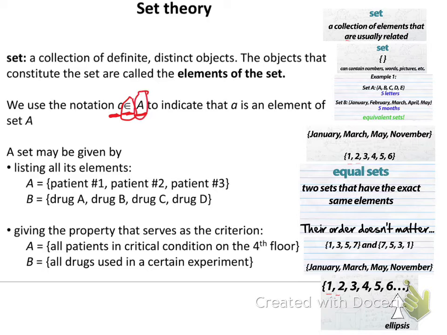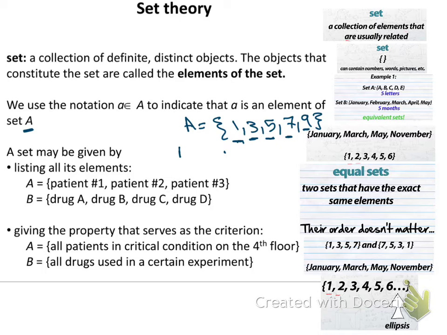Let us take an example to make it simpler and clearer. If I have a set A equals 1, 3, 5, 7, and 9, how many elements does it have? It has all these 5 elements, and any of them is an element of the set A.